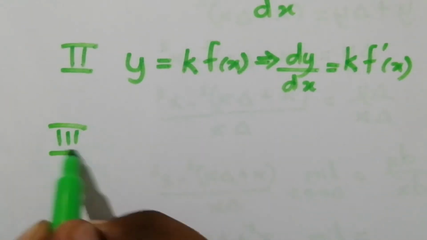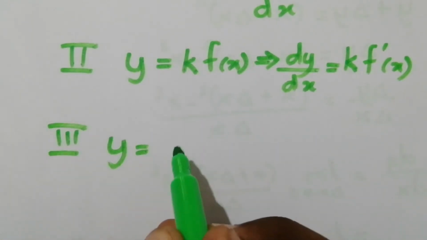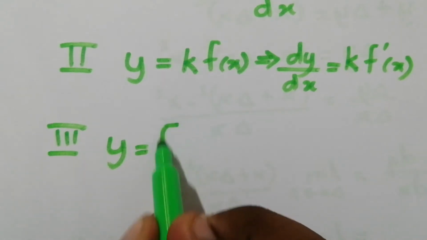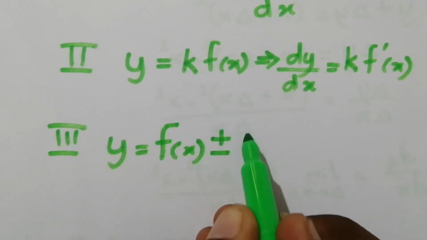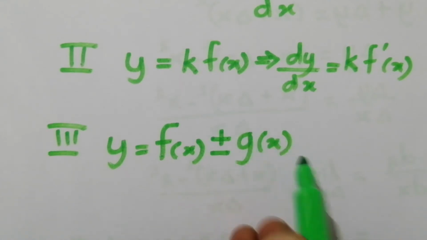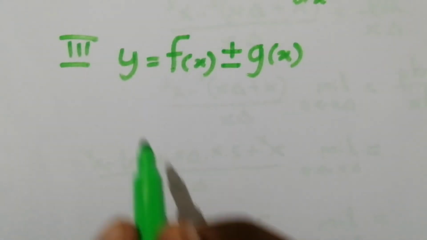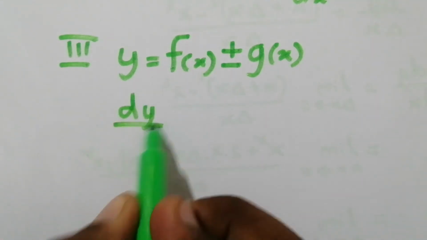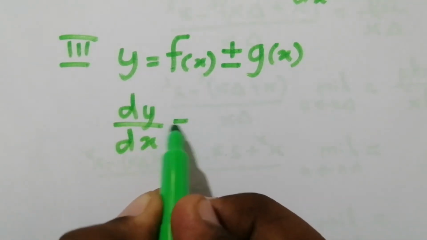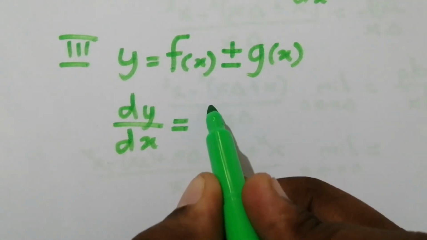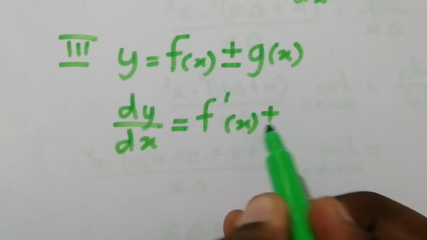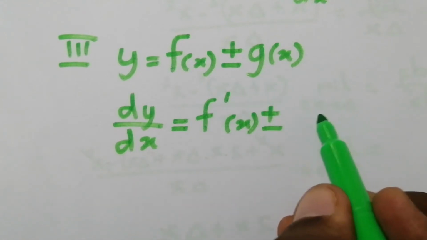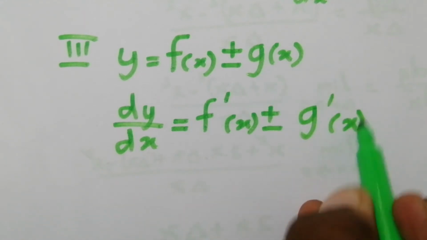Then the next one, if y is addition or subtraction of two functions, here I am considering f(x) and g(x), f(x) plus or minus g(x), then the corresponding derivative dy upon dx is equal to the derivative of f(x), f dash x, plus or minus the derivative of g(x), g dash x.